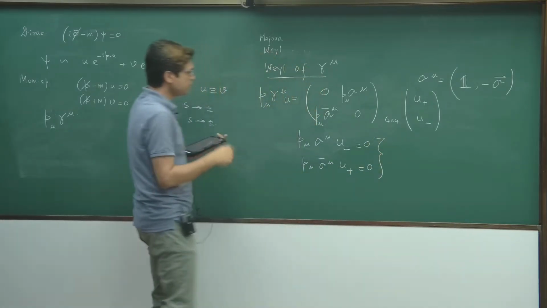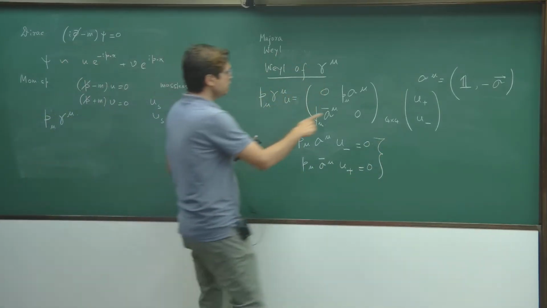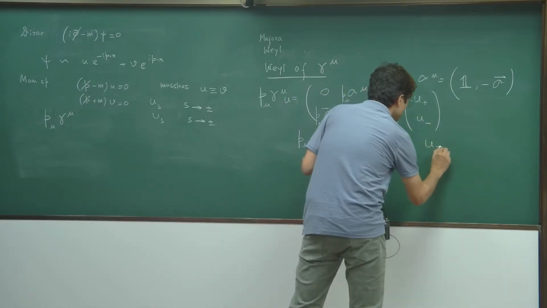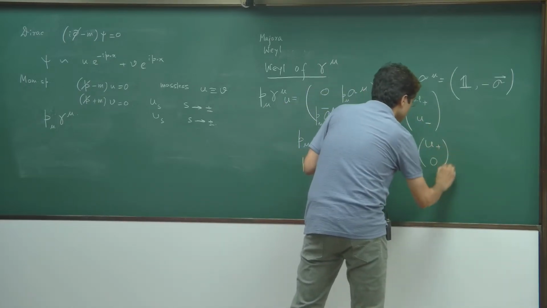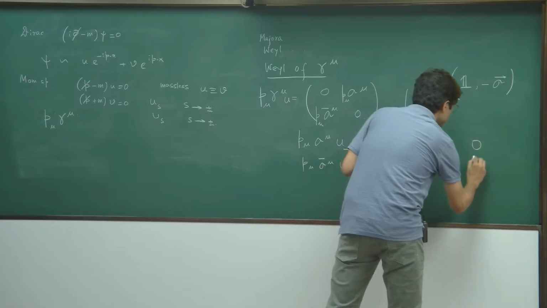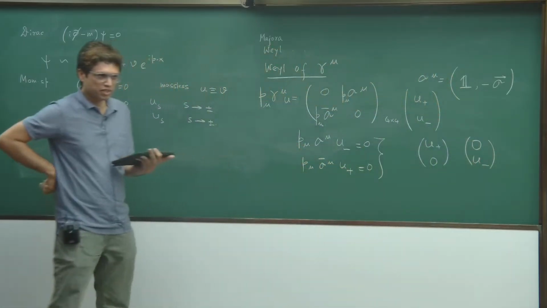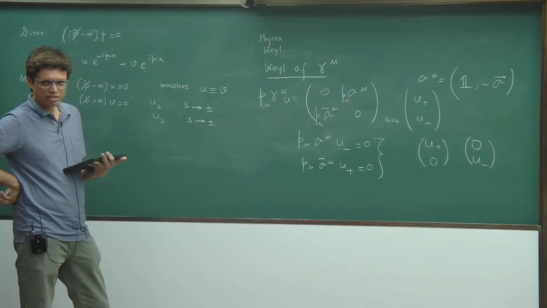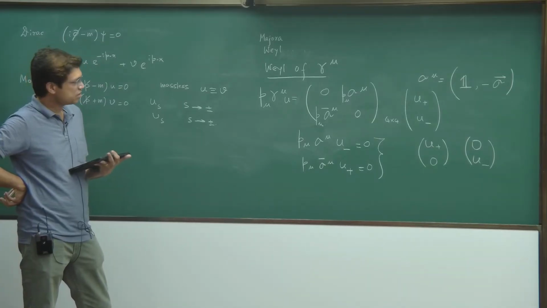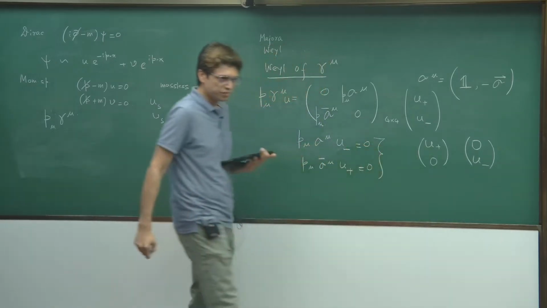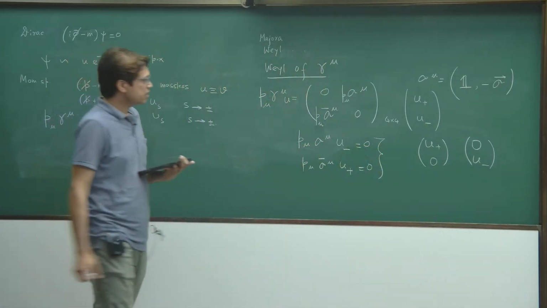So basically you see, instead of writing u plus and u minus, if I would have written this as u plus, 0 and 0, u minus, I would have arrived at the same equation, right? So that means these are the two independent solutions of u.